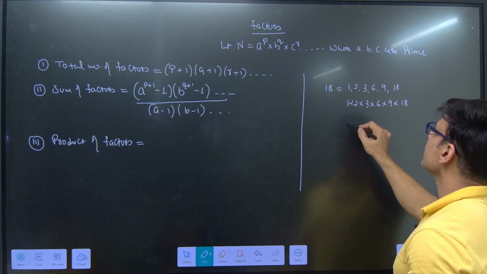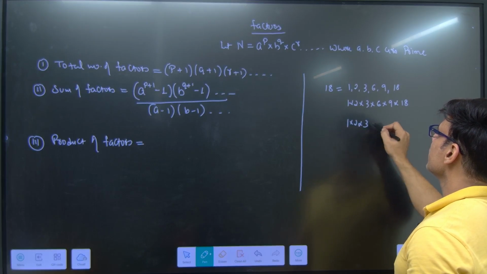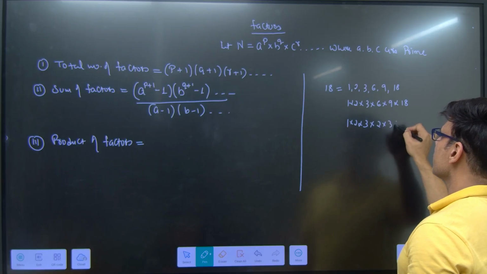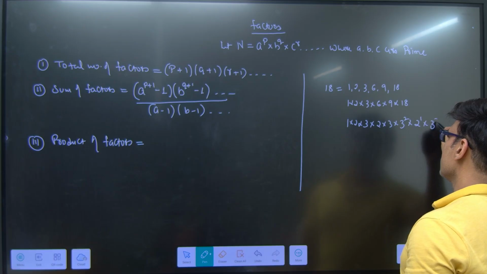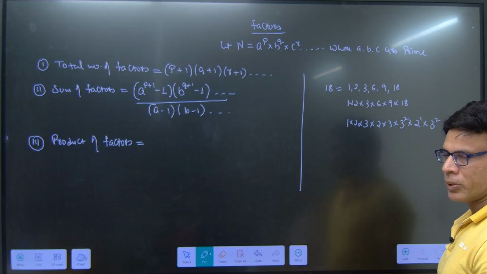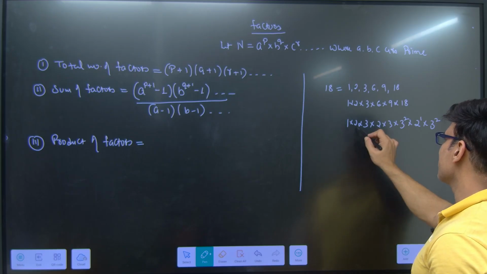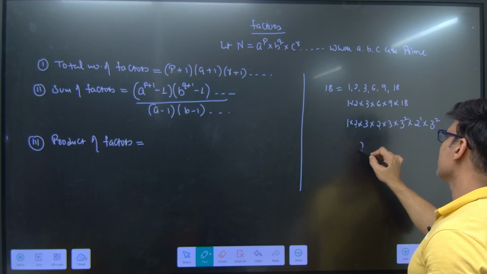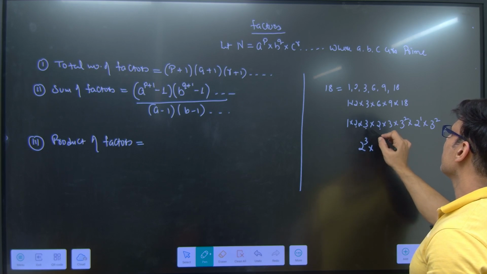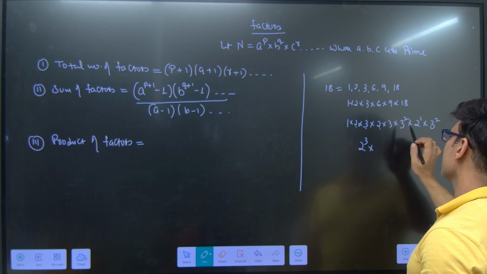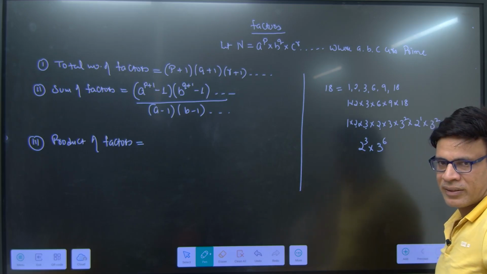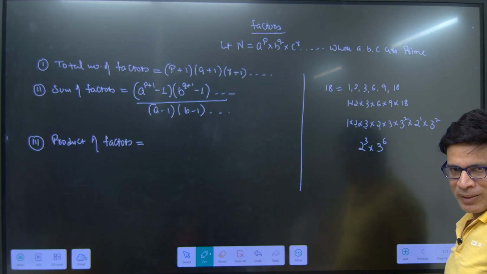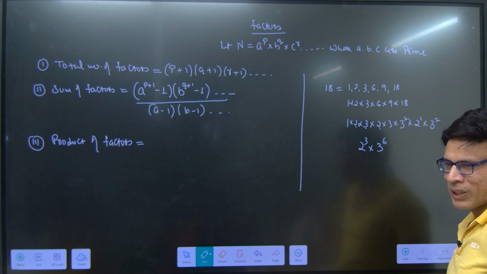So this is 1 into 2 into 3 into 2 raised power 1, 3 raised power 1, 9 is 3 square. This is 2 raised power 1 into 3 square. Product of factors means, for 1 it is fine, for 2 it is 2 cube, for 3 count 1, 2, 3, 4, 5, 6. You can do it for small numbers, but if large numbers come, there will be a problem.